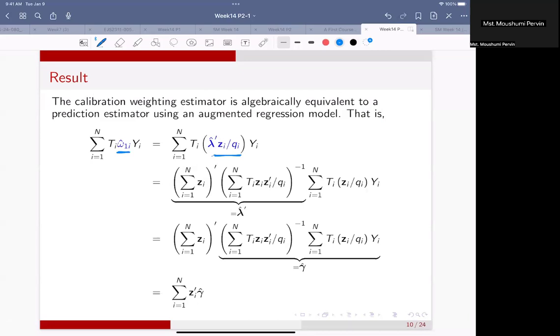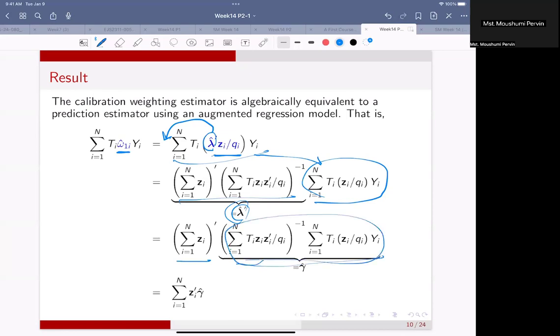You can move this one outside the summation and simplify. Then lambda hat is this form. Once you combine these two, this is a regression coefficient, which is actually a prediction form.